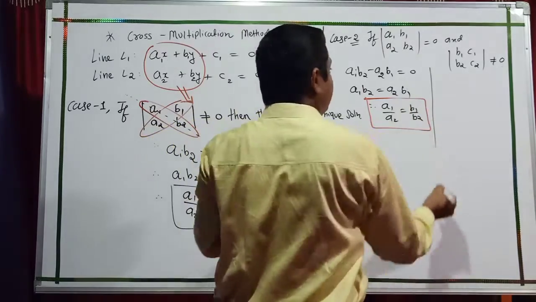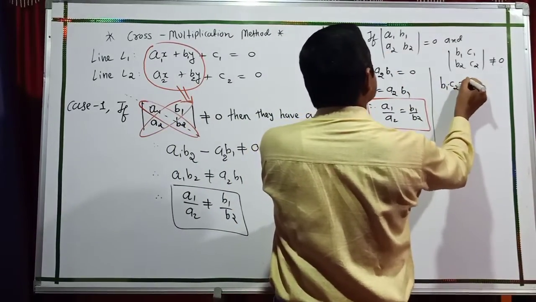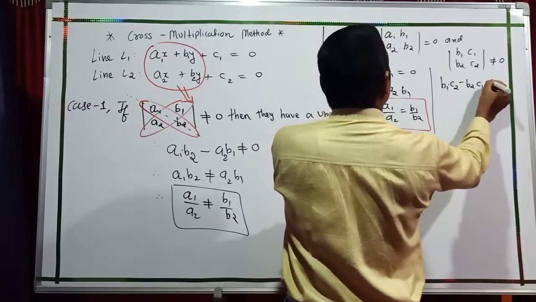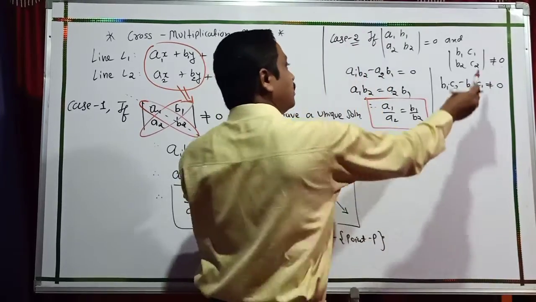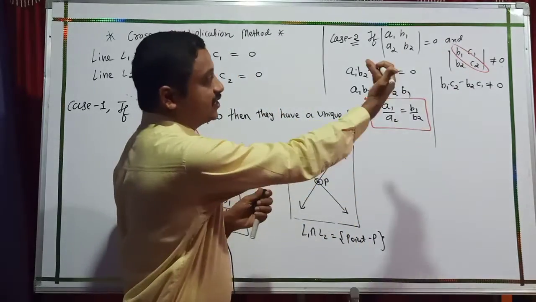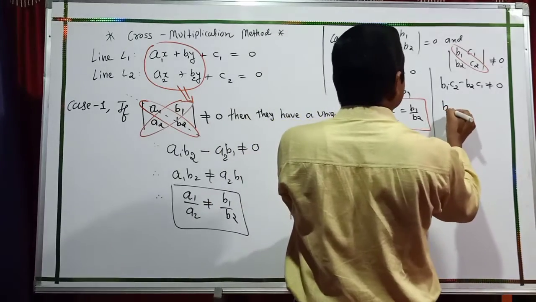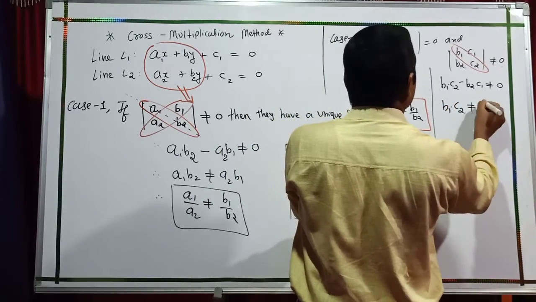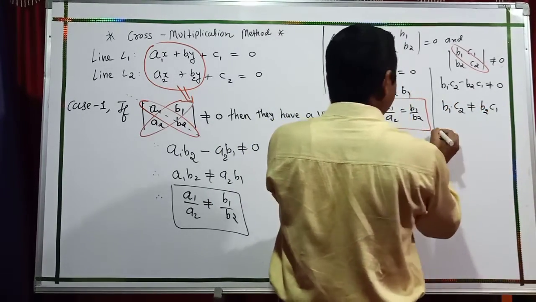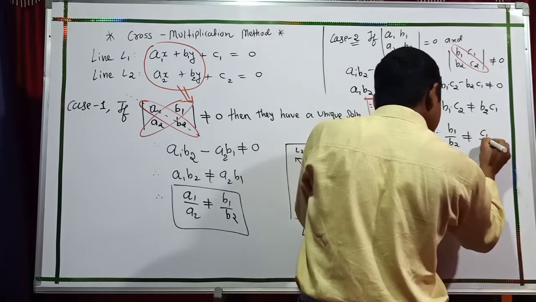And now if you calculate the third, B1 C2 minus B2 C1, apply your cross multiplication method: B1 C2 is the principal diagonal, and B2 C1 is the secondary diagonal. So B1 C2 is not equal to B2 C1. It means B1 by B2 is not equal to C1 by C2.